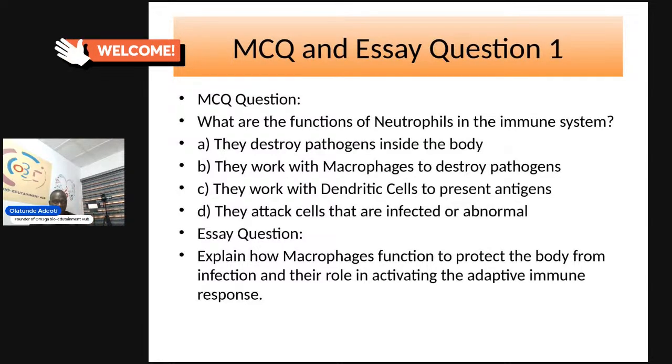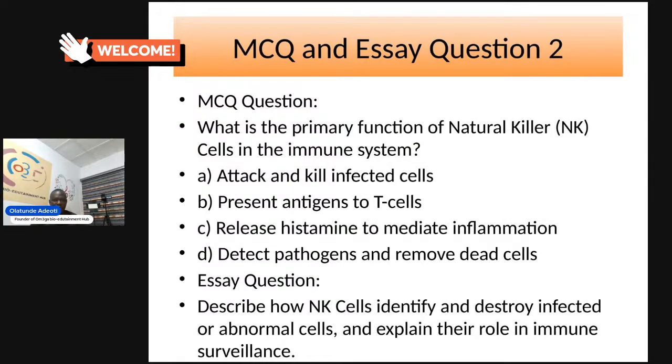Now I said you are going to have the following essay questions, the following quiz. You have MCQ1. What are the functions of the neutrophils in the body? Then explain how macrophages function to protect the body from infection, and what role do they perform in activating the adaptive immune response. The next one is: what is the primary function of natural killer cells in the immune system?